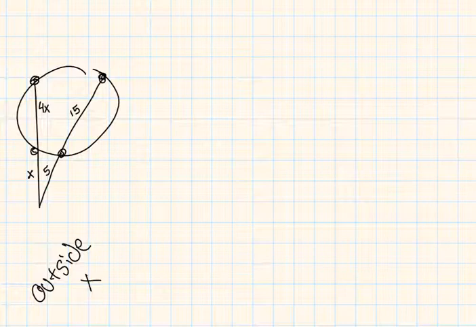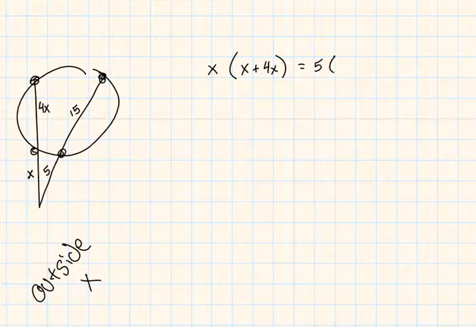In this theorem, we use the exterior segment, so that would be x times the sum of the exterior segment with the interior segment. So the entire segment: exterior times the whole.